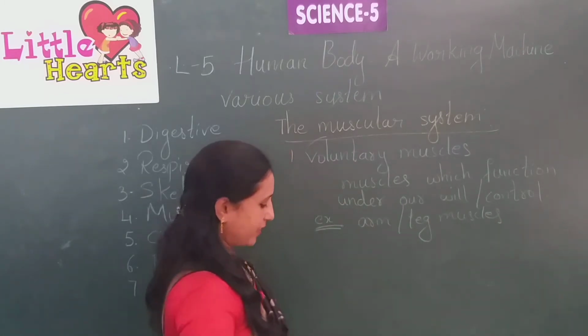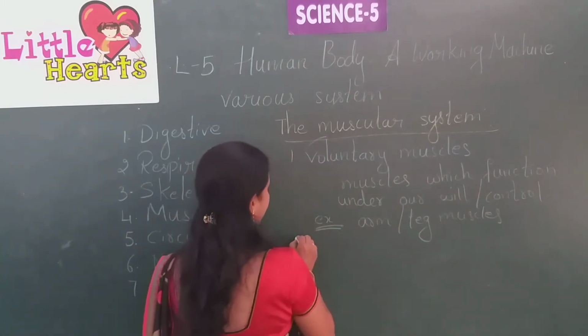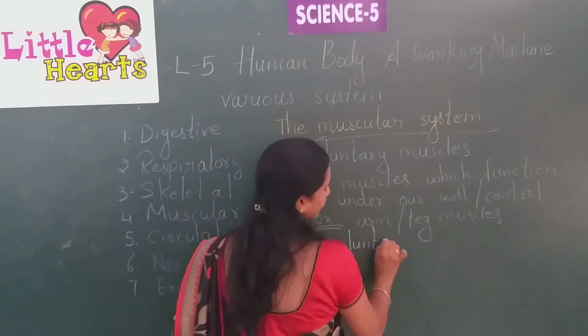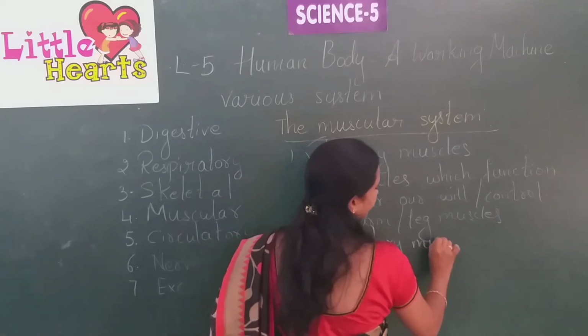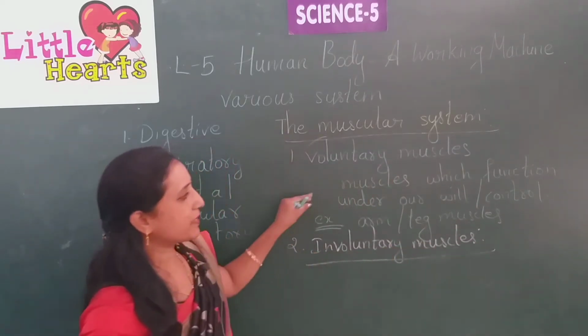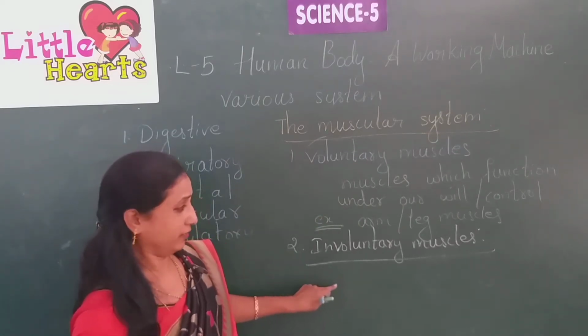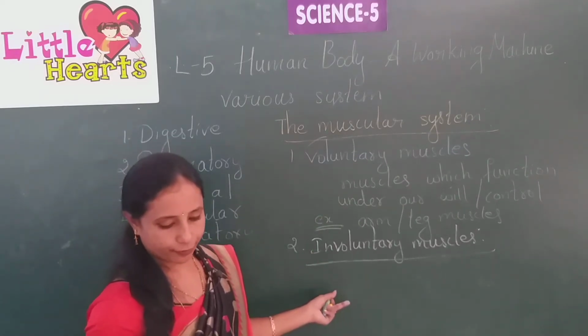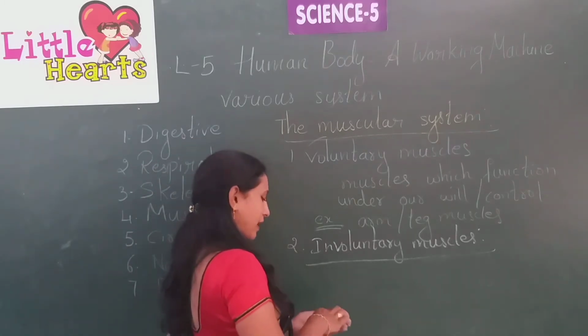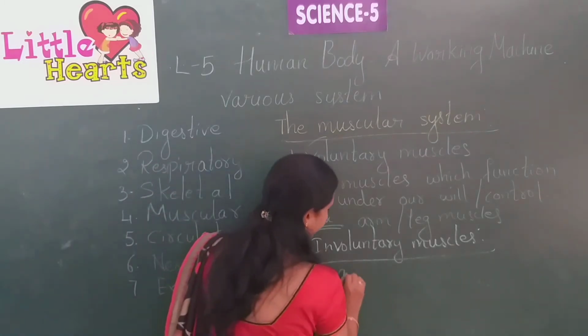And the next one is involuntary muscles. These muscles which are not under our will and control are known as involuntary, which means they perform automatically.